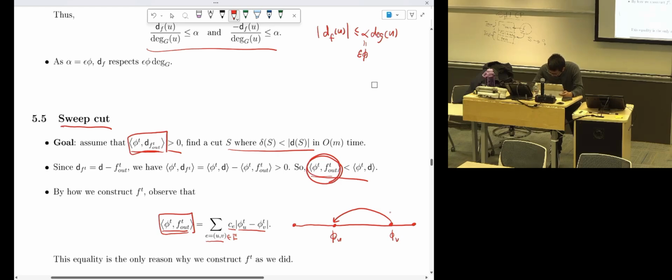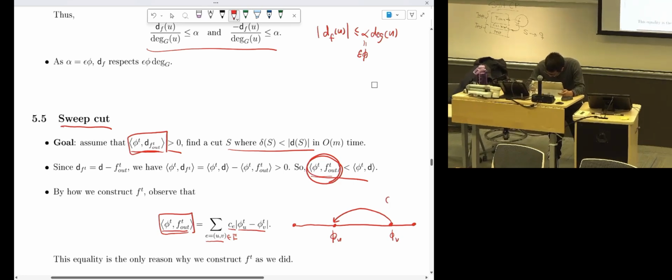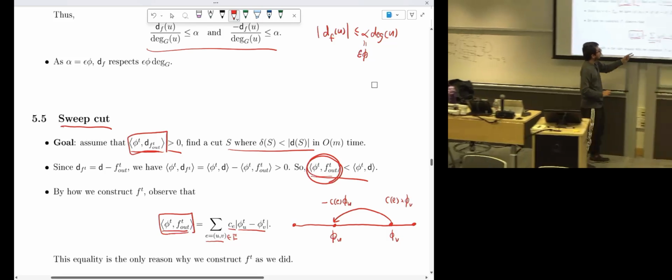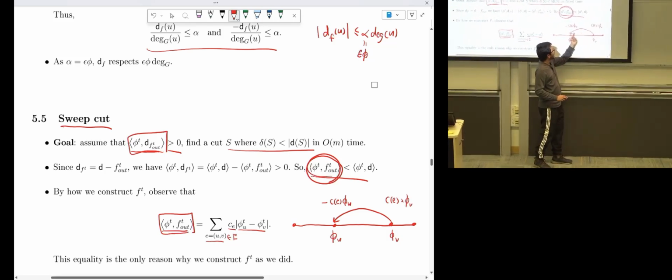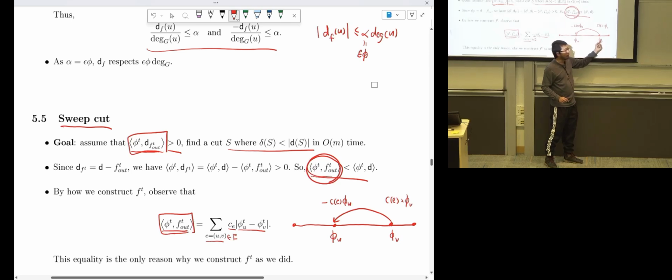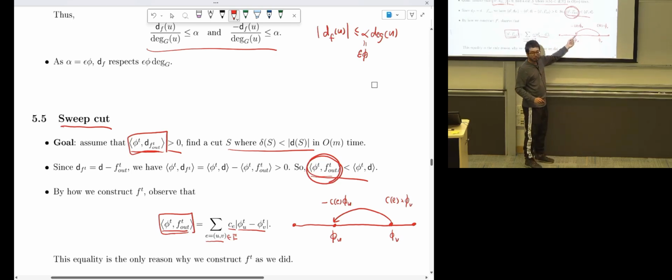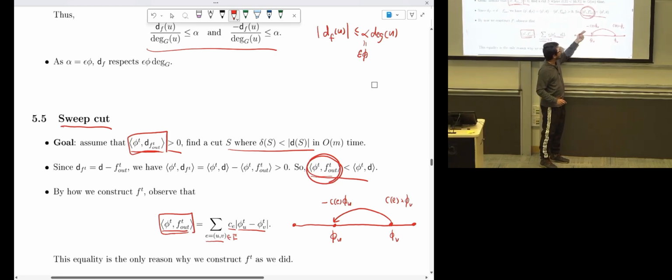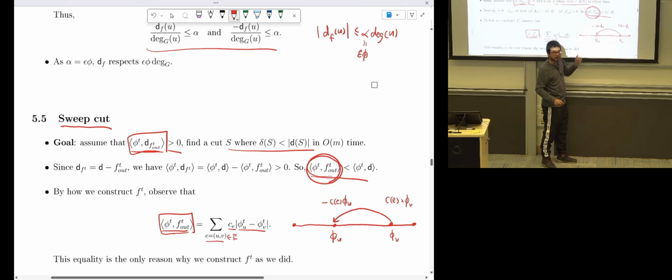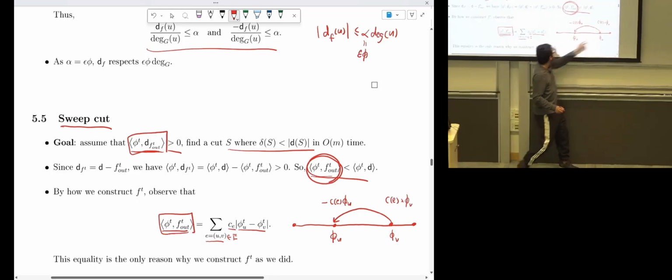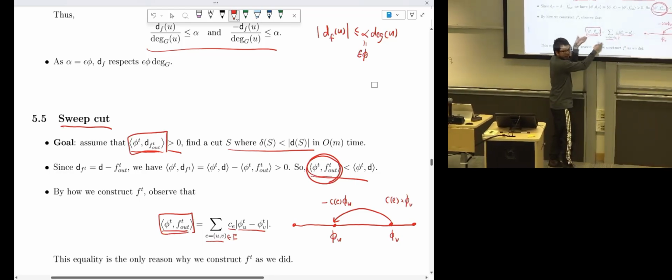An edge will contribute plus C_E times phi V and minus C_E times phi U. Because the edge from U to V has a positive contribution to the flow out of V, and a negative contribution to U because it goes into U. And then you scale it up by phi because it's the inner product.